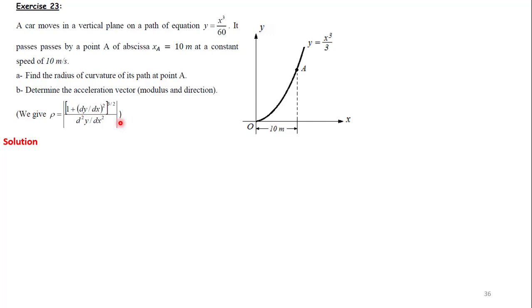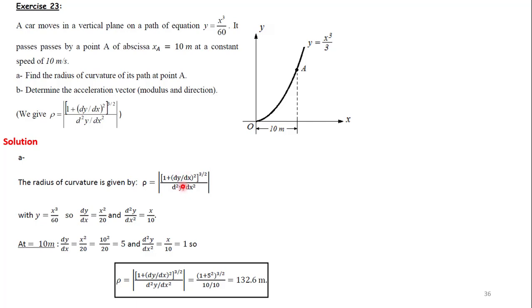But here, since we have the equation of the trajectory, y as a function of x, let's use rho equals the absolute value of (1 plus (dy over dx) squared), all raised to the power of 3 over 2, over d2y over dx squared. So let's find rho in this way.